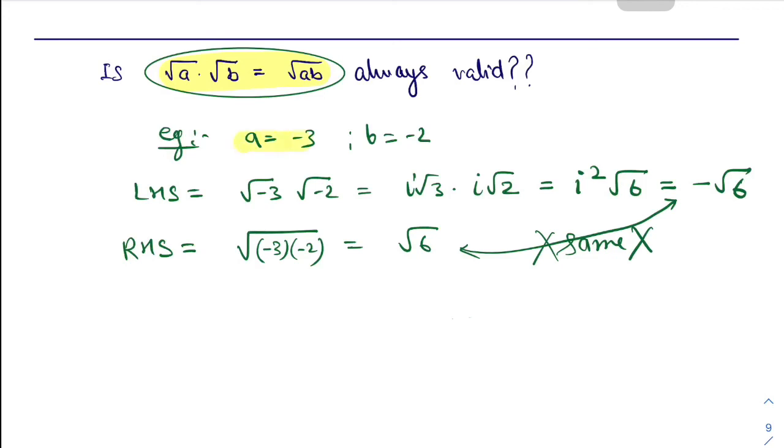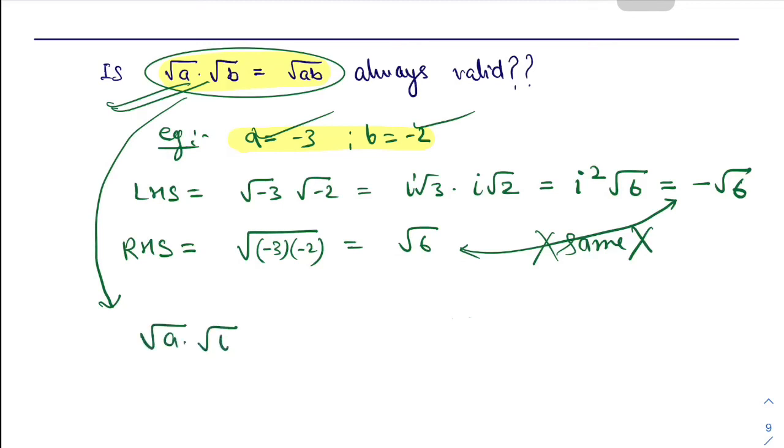So what can we conclude? If both a and b become negative, then this rule becomes obsolete. It certainly fails. So in order to make this rule consistent, you will have to take at least one of a and b as non-negative.